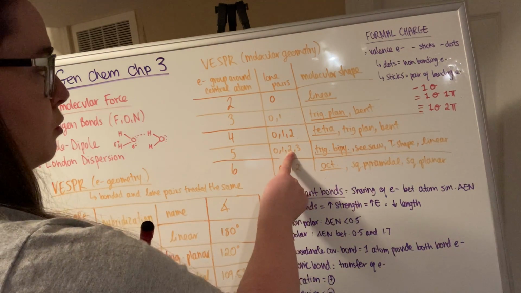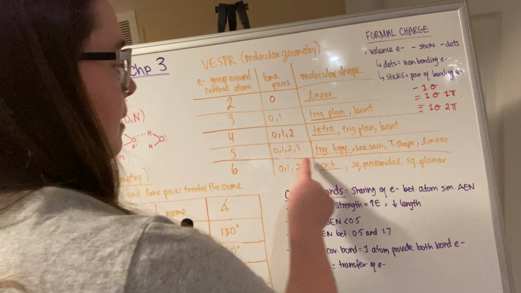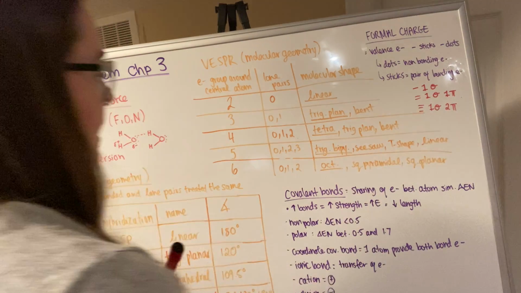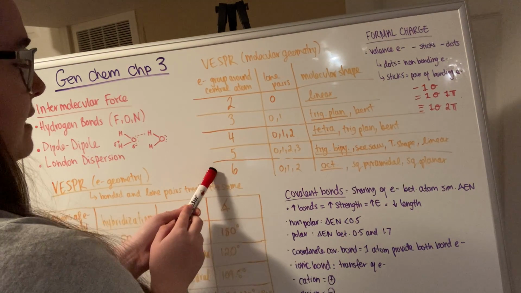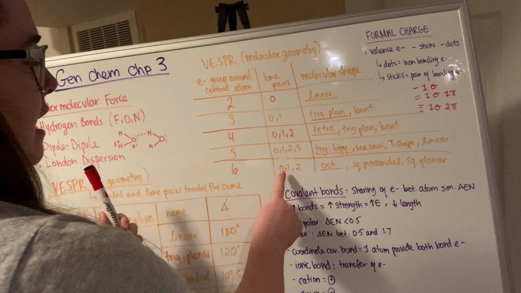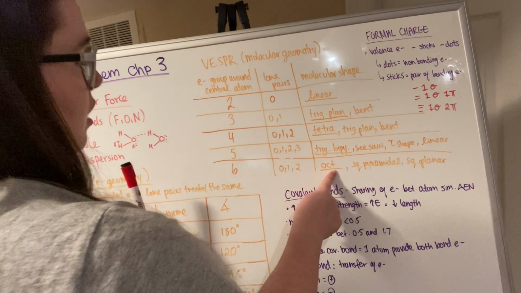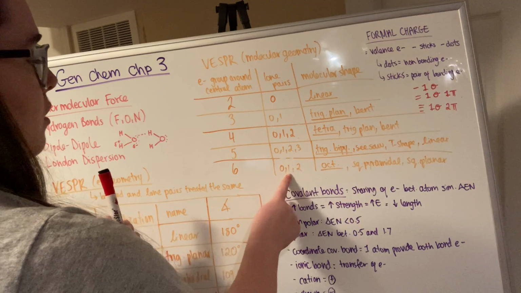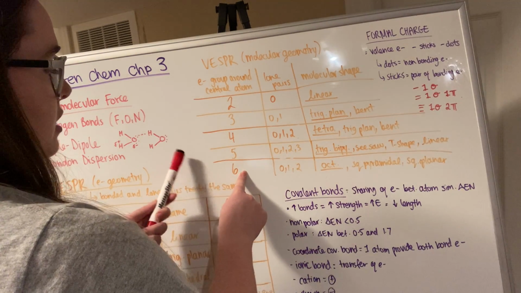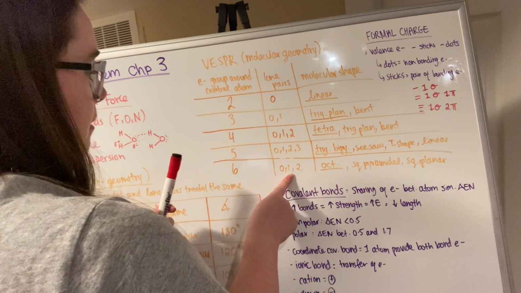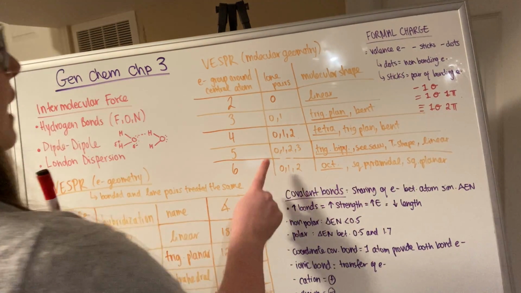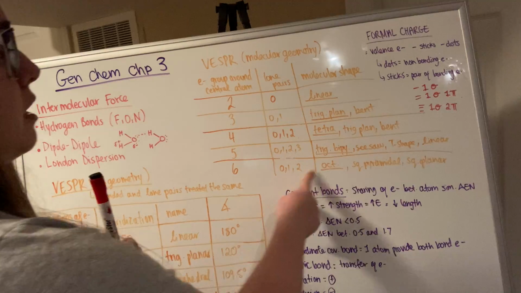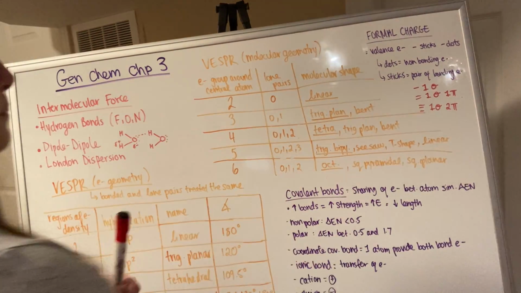If we had 2 lone pairs, we'd have T-shape, and if we had 3, it would be linear in molecular geometry. And finally, if we had 6 regions of electron density and 0 lone pairs, it would be octahedral. With 1 lone pair, it would be square pyramidal, and with 2 lone pairs, it would be square planar.